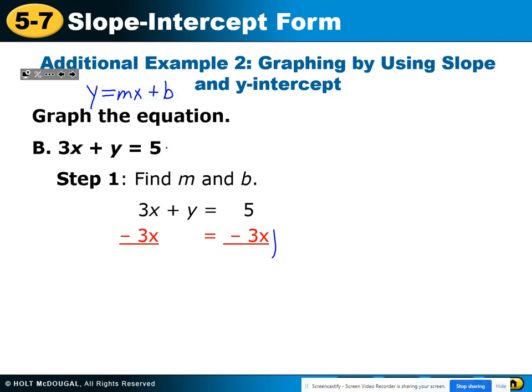But now on this side, the 5 and the 3x. One's got no variable and the other one's got an x. So if they don't have the same variables, can we add them together? The answer is no, we cannot. Okay? So then you're going to see them rewrite the problem.